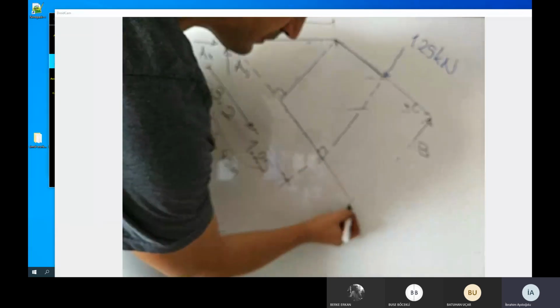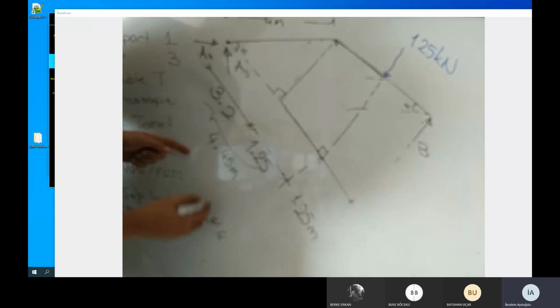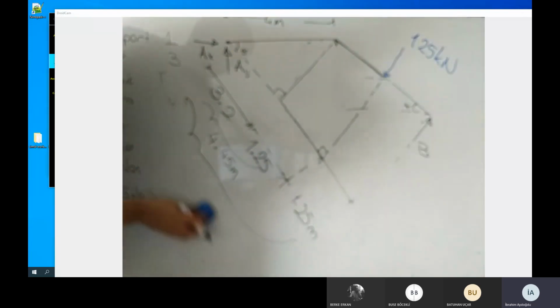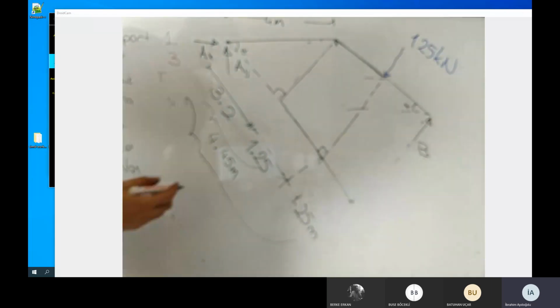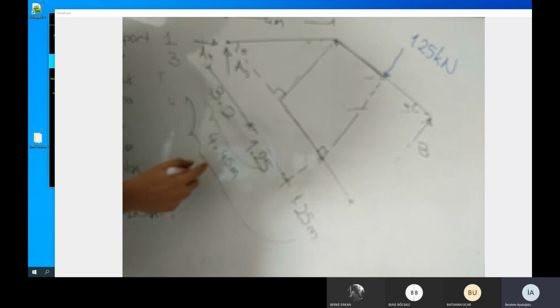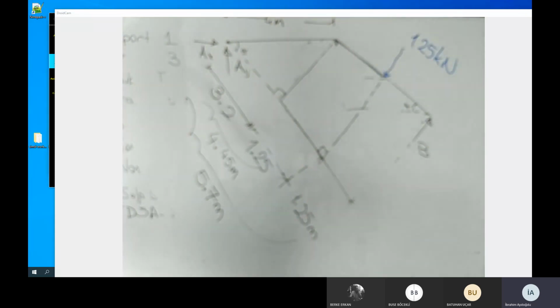Also, this distance is 1.25 meters. So the total distance from this point to this point is 1.25, 2.5, 3.2, which is 5.7 meters. This is the hardest part. The remaining calculation is much easier than defining the distances.